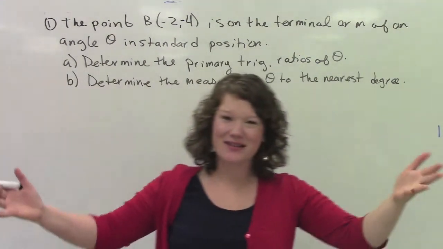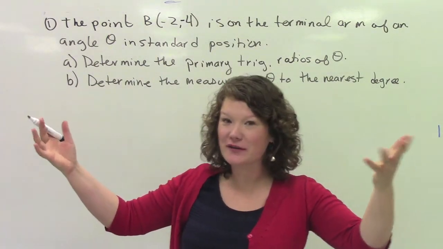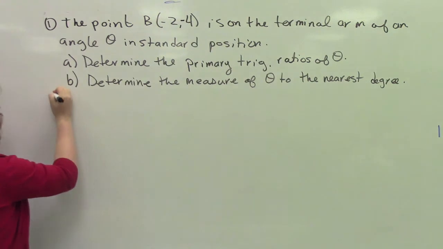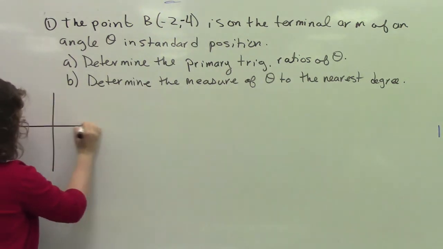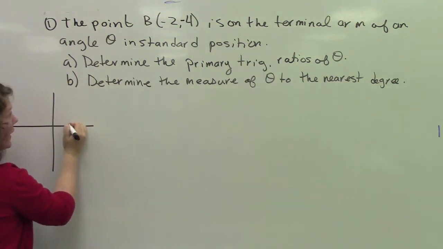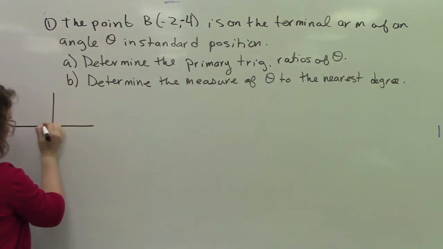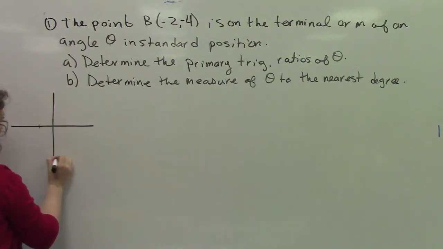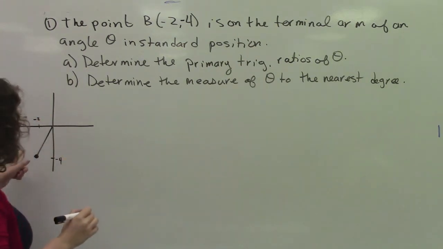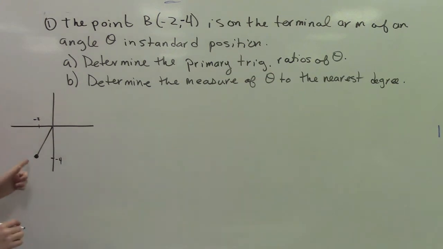First things first, let's draw a picture of this. It's the loveliest picture you'll see all day. So we have -2 and -4, so we know that this is in quadrant 3.